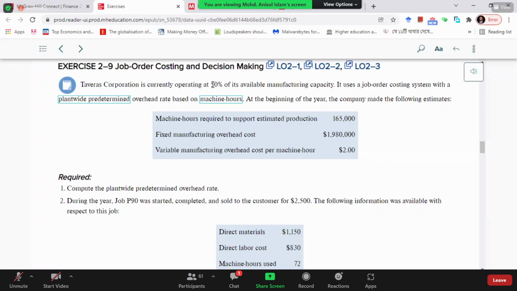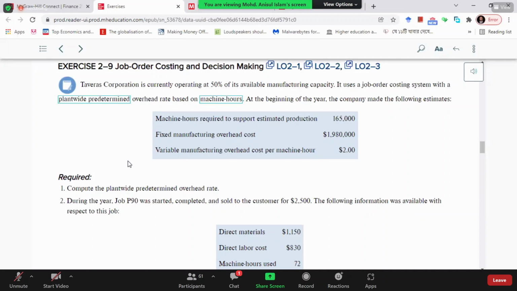So if the plant was originally capable of making, say, 400,000 products, but right now it is operating at 50% of capacity, half of 400,000 is 200,000. That means it is producing 200,000 products right now.